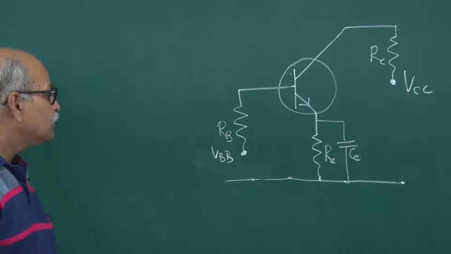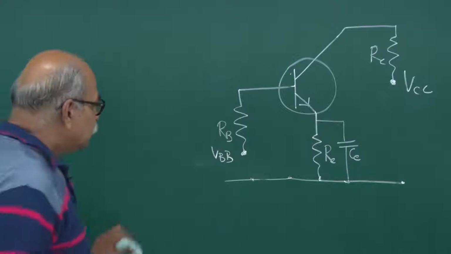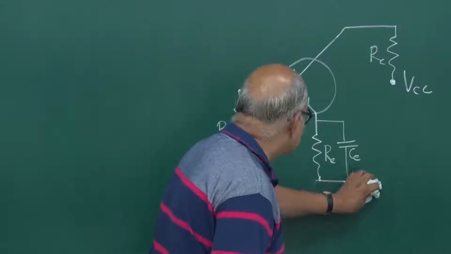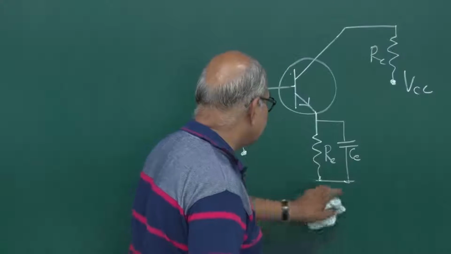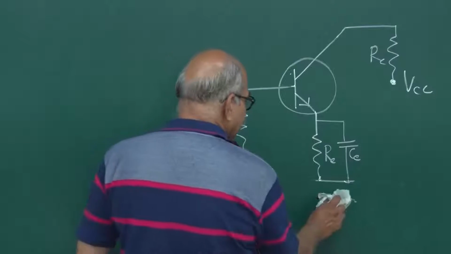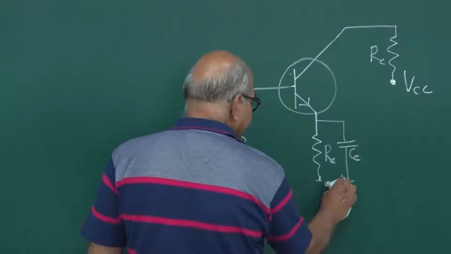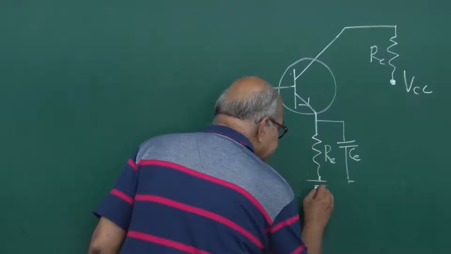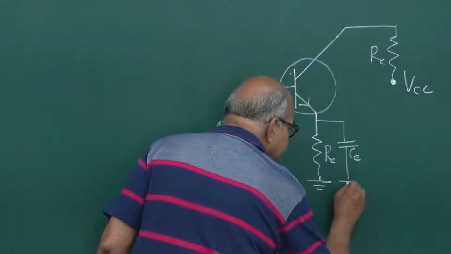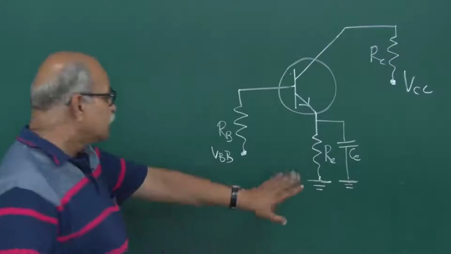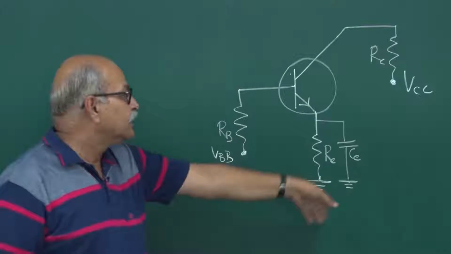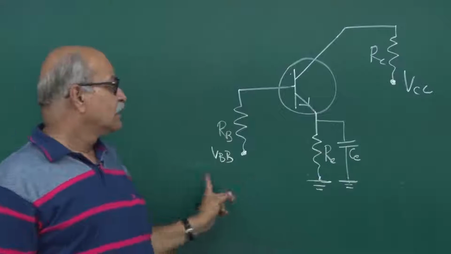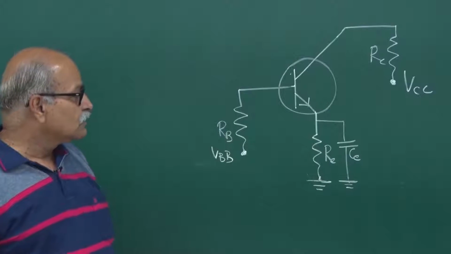And then you can remove this ground line also, and these things which are connected to ground you can remove, and you can put a ground symbol here. Wherever there is a zero potential point, you can put this symbol anywhere in the whole circuit, and we know that that is connected to this line. So this is one thing.